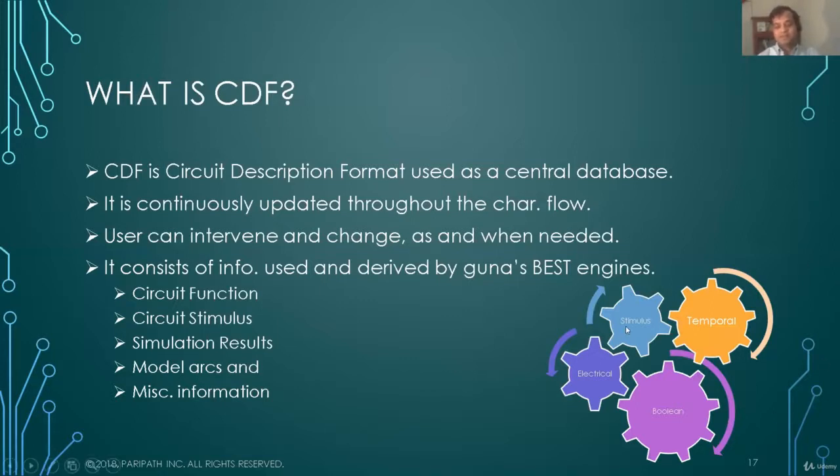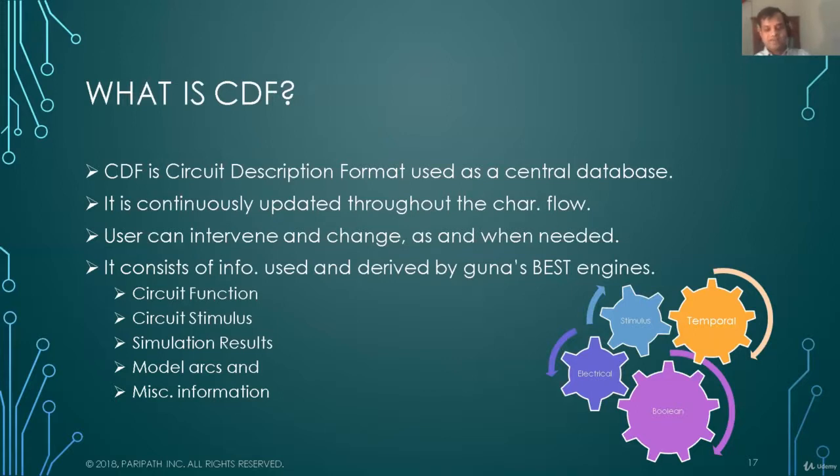And then it also has a stimulus generator, or along with the search engine. Stimulus is where it generates the vectors for different model types like delay, power, noise, and so on and so forth. And temporal is used for finding out timing arcs. It is essentially helpful in the noise, CCS noise, as we would see later on. So these 4 engines are at the heart of characterization engine, which we call BEST engines.